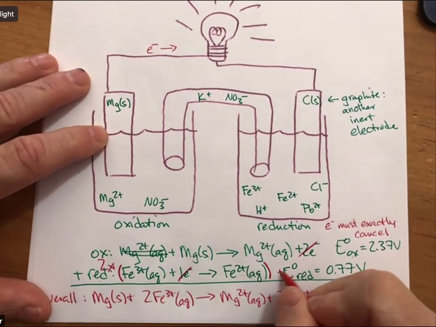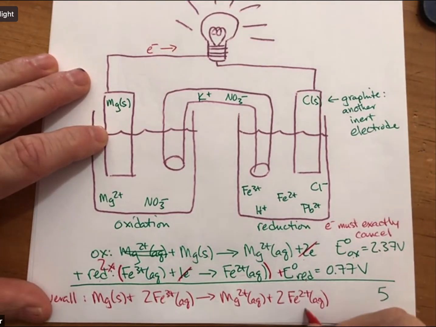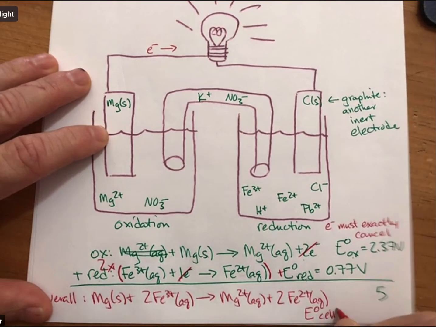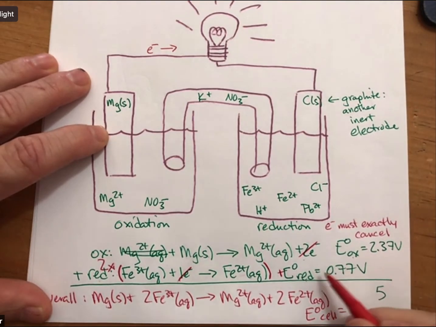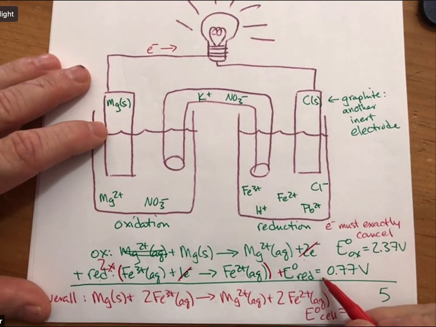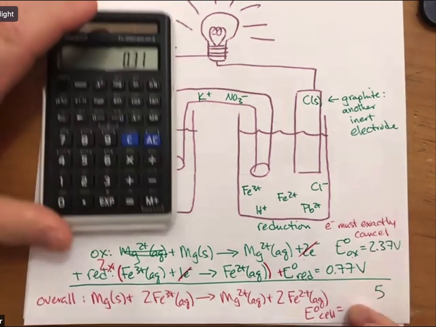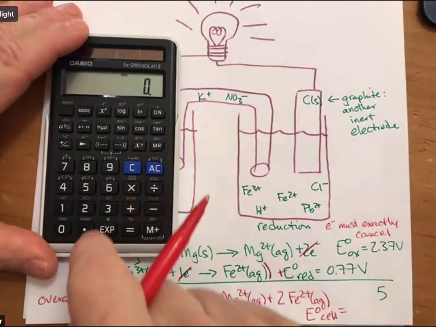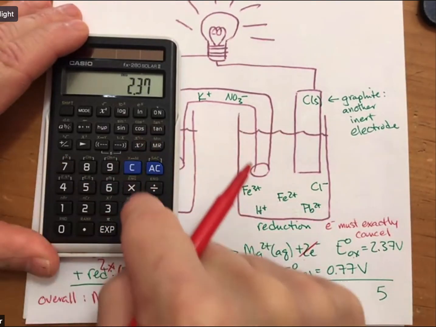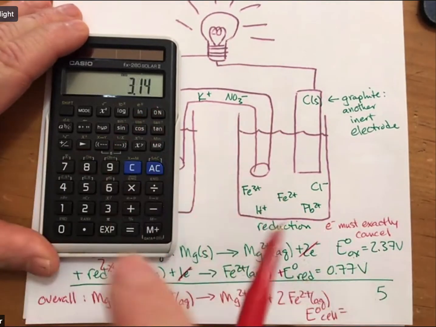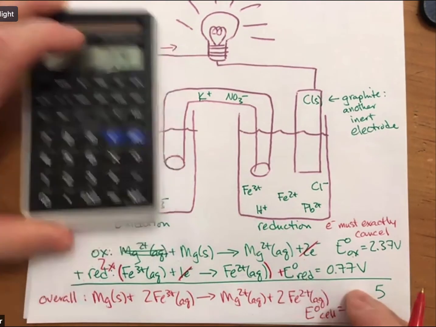And I straight add my oxidation and reduction half reaction potentials, and I get a nice voltage here. So it's going to be 2.37 plus 0.77. I get 3.14 volts.